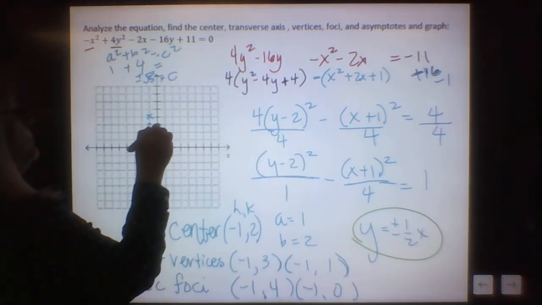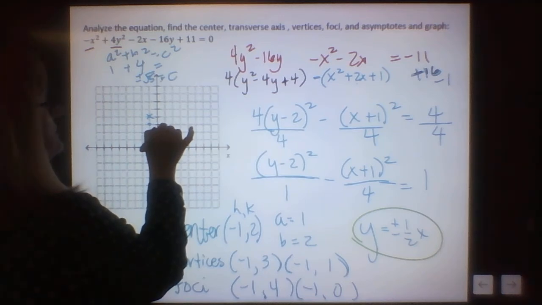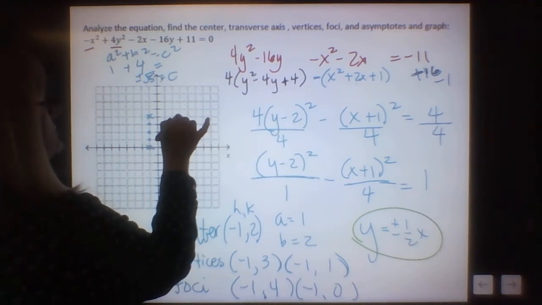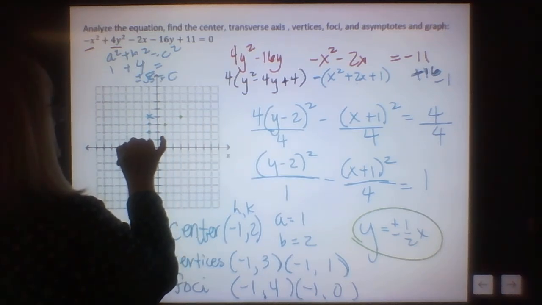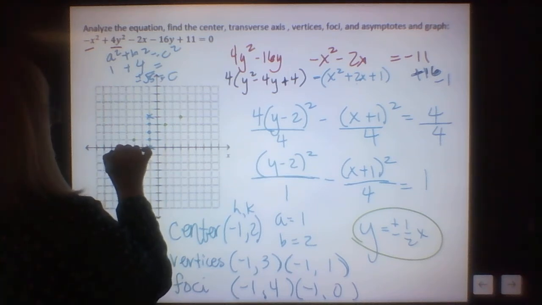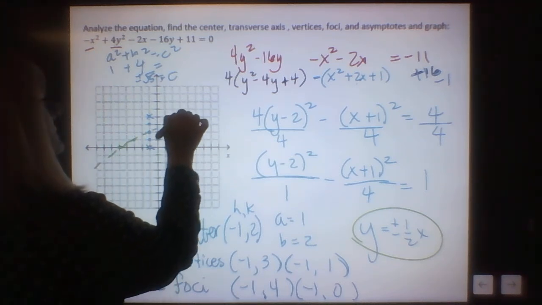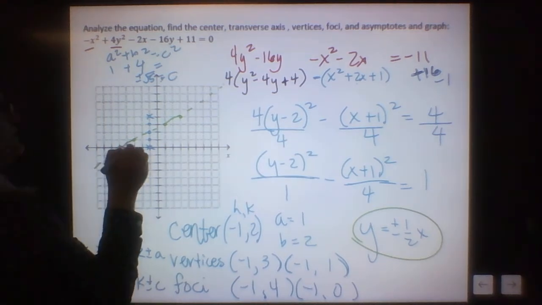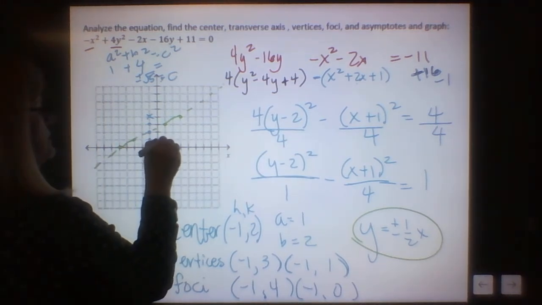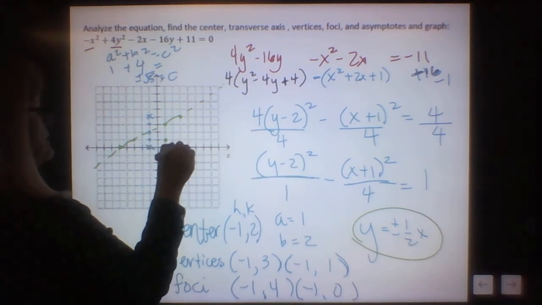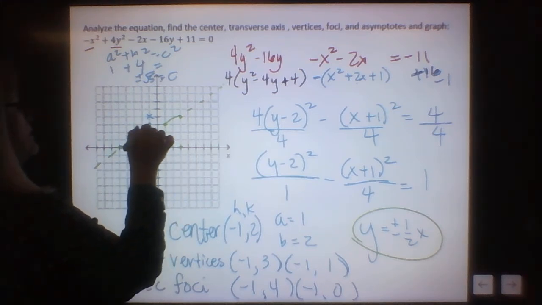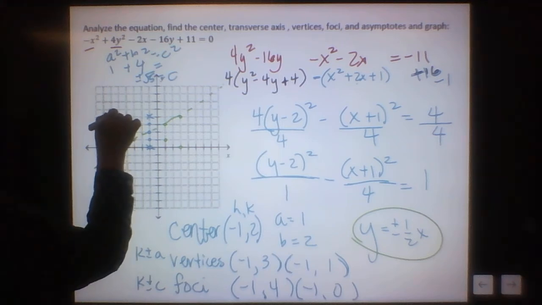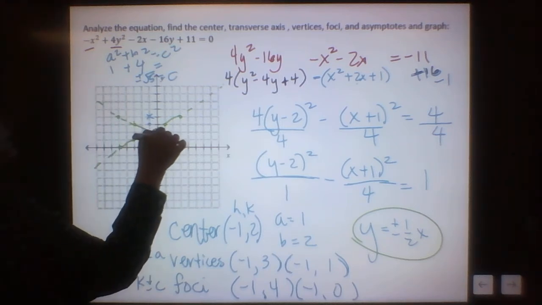So from here, up 1 to the right 2, up 1, 2. Okay. So that's 1. And then the other one is going to be here.